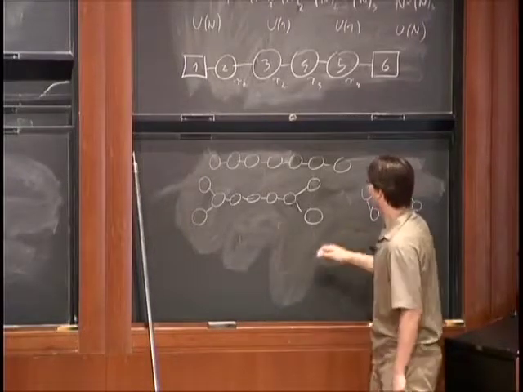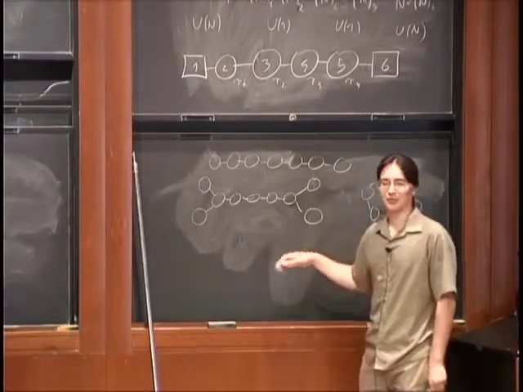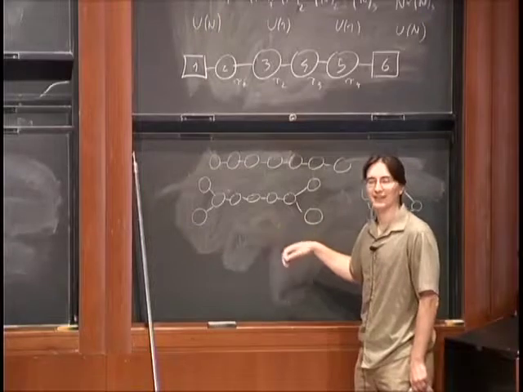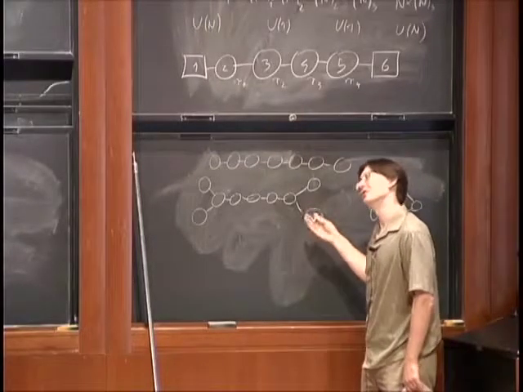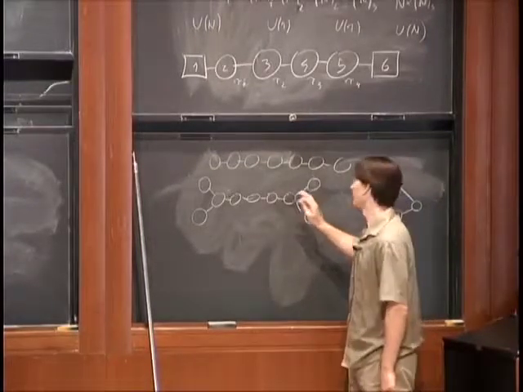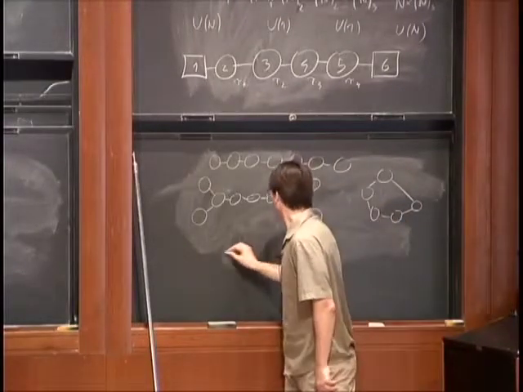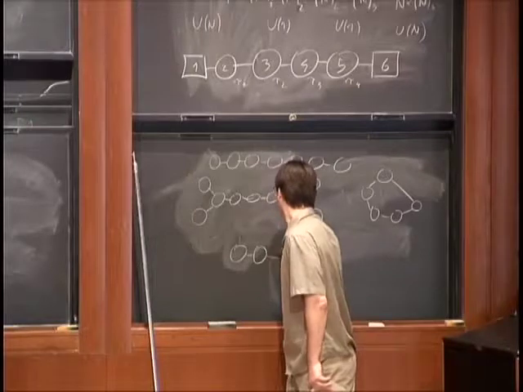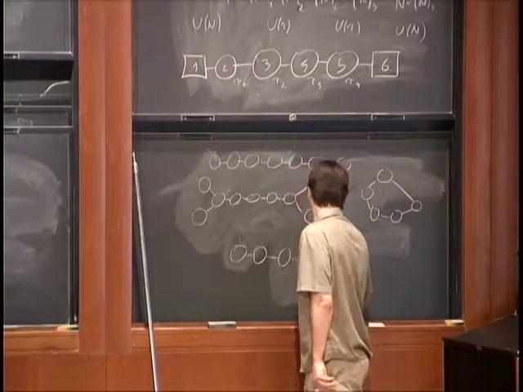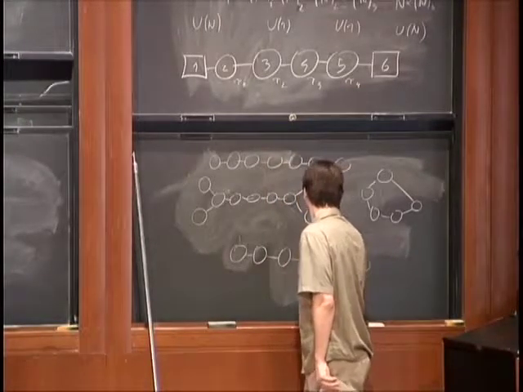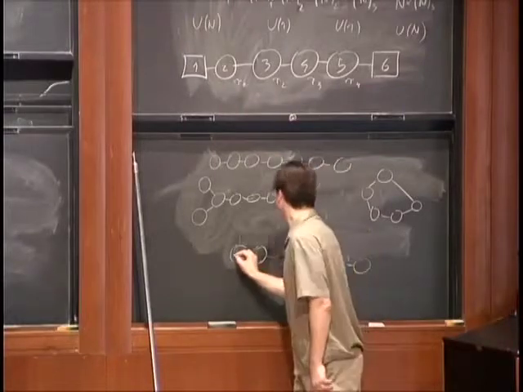I mean, to be precise, you can get both affine Lie algebra diagrams and Lie algebra diagrams. And finally, you get this sort of exceptional diagrams. 1, 2, 3, 4, something like this.